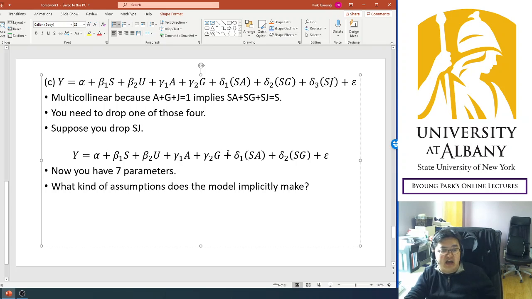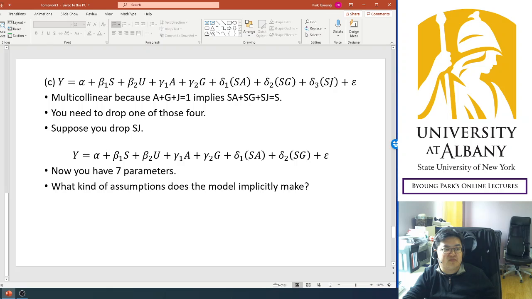Now you do not have any multicollinearity, I believe, but you only have 7 parameters. There must be some assumptions that reduce the number of parameters by 2. What are they? Think about that. It is your practice, and it will be an interesting thing to study.